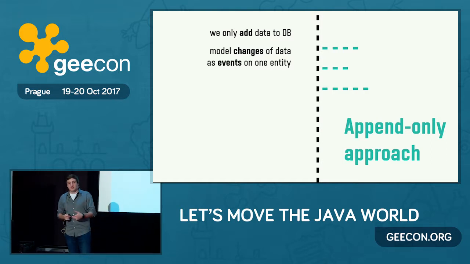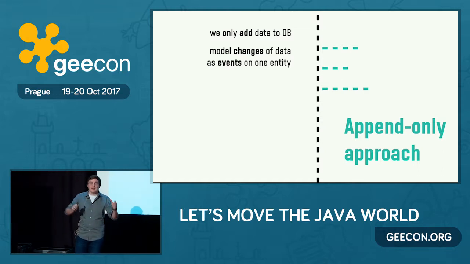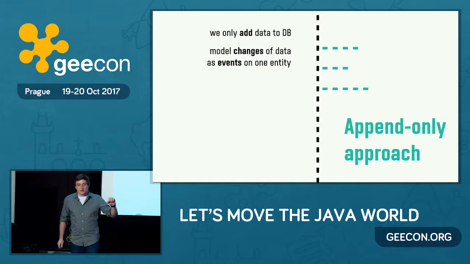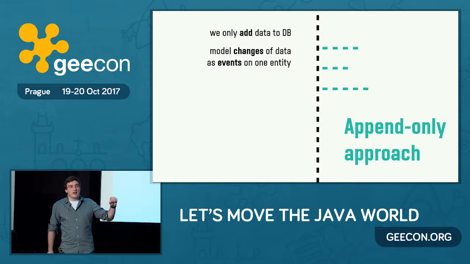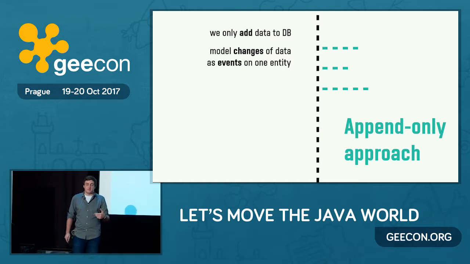We model changes of the data as events on that entity. It's not really event sourcing, where event sourcing is used as your primary store of the data. It's rather that if you want to change one entity, we only change it by creating an event on that entity.